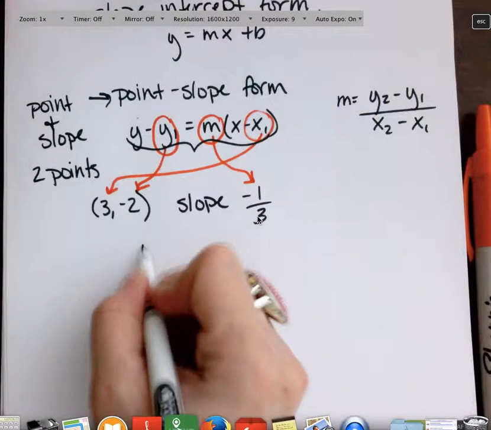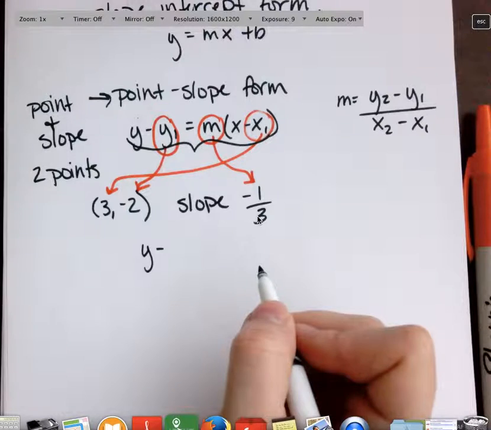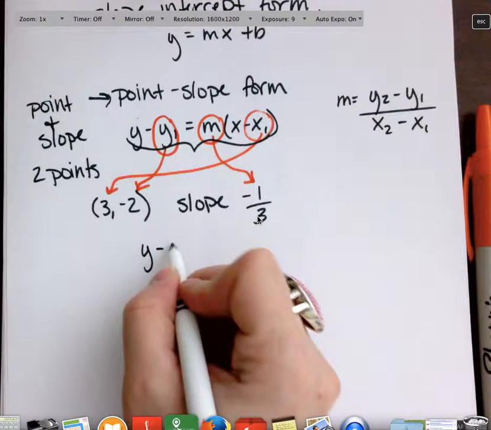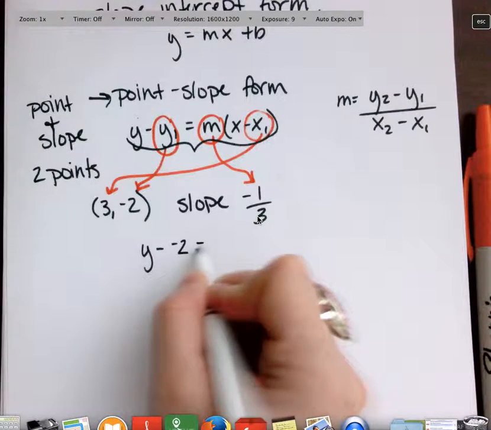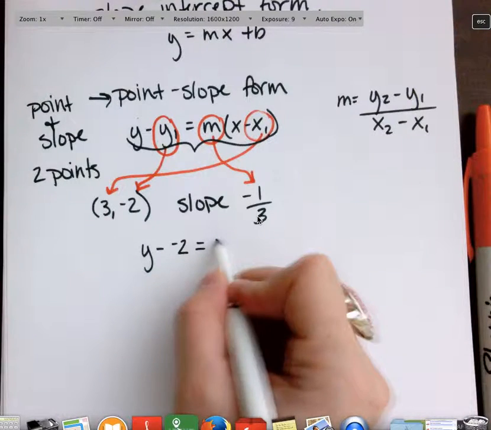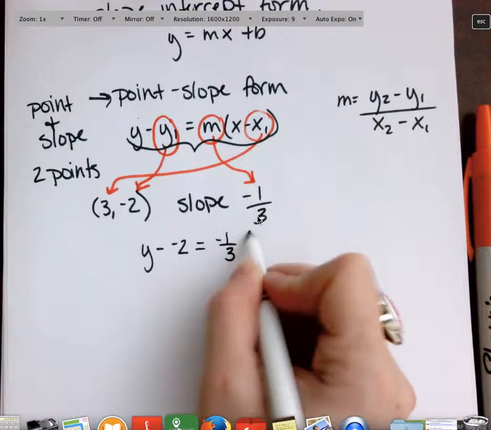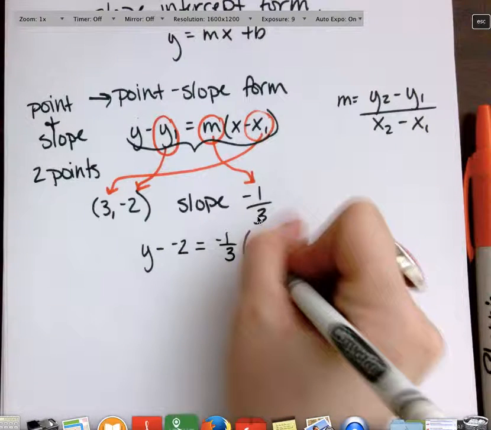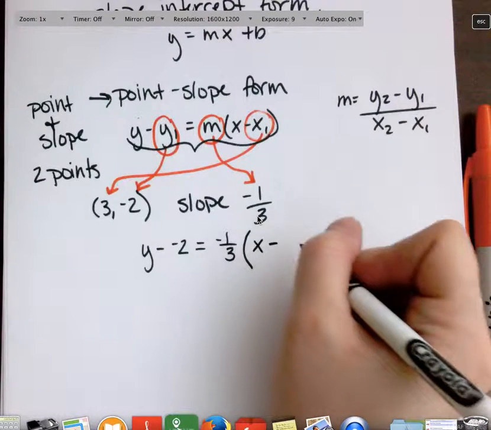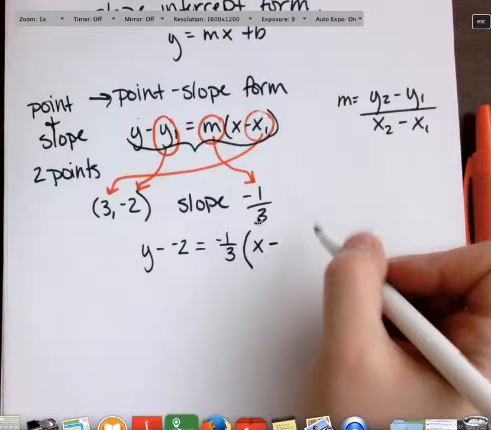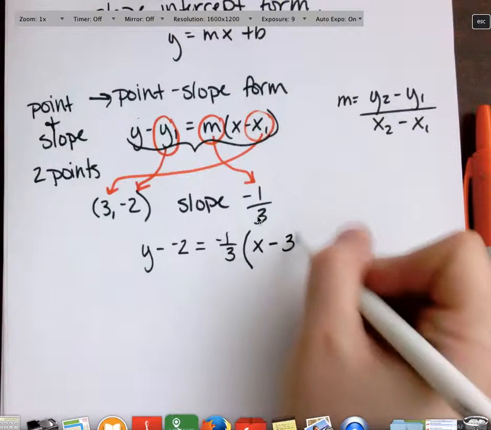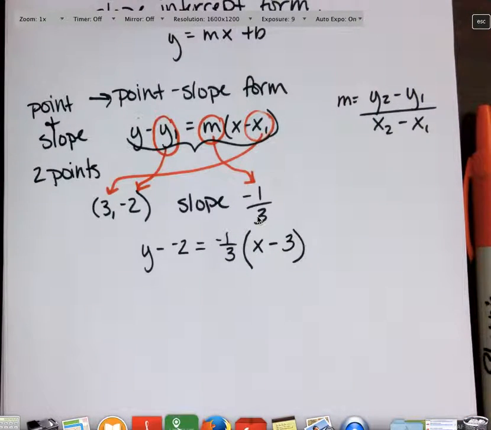So y minus my y value of the point, which is -2, is going to equal my slope, -1/3, times x minus my value of x from our point, which is 3. And now this would actually be done.